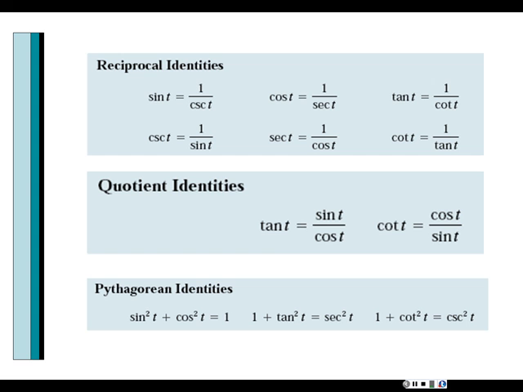And the Pythagorean identities. According to the Pythagorean identities, for any theta, sine square plus cos square is always equal to 1. And 1 plus tan square equals sec square, and 1 plus cot square equals cosec square. So these identities are extremely useful in calculus.